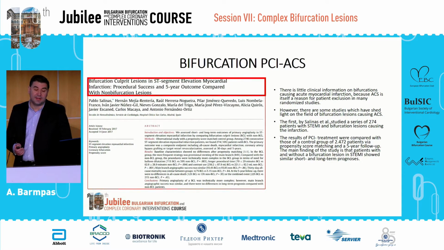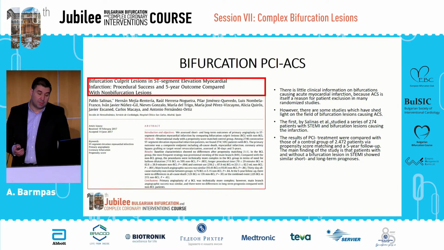There is little clinical information on bifurcations causing acute myocardial infarction because ACS is itself a reason for patient exclusion in many randomized studies. However, there are some studies which have shed light on the field of bifurcation lesions during acute coronary syndrome. The first, by Salinas et al., studied a series of 270 patients with STEMI and bifurcation lesions causing the infarction.